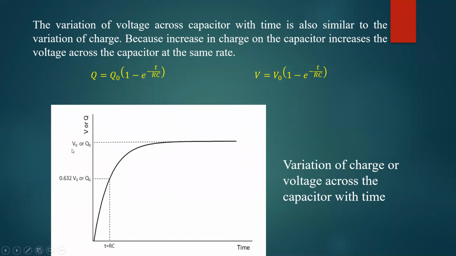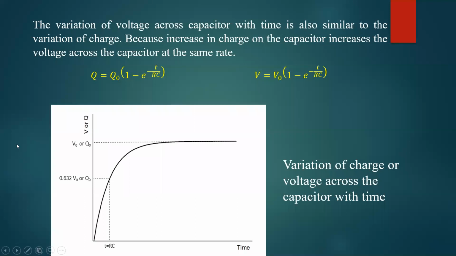At t equal to RC, you will get the voltage or charge equal to 0.632 times V naught. This is the time at which voltage or charge becomes equal to 63.2% of the maximum voltage or maximum charge. This is called the time constant.